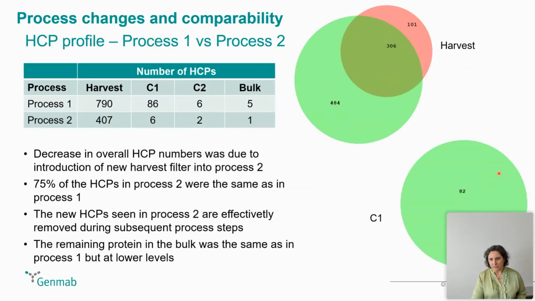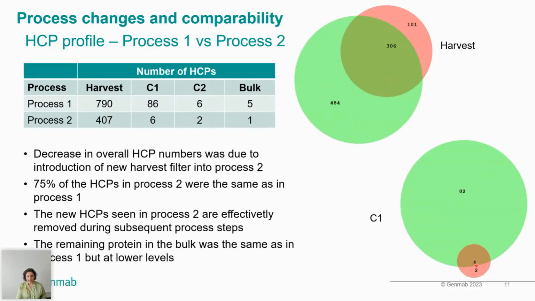When we look at the first chromatographic step, we had about 4 proteins that were the same, and 2 that were new ones that we didn't see in the first process. So in this comparability assessment, we could determine that we had a good reduction in process 2. It wasn't a worse process than process 1, and we only had 1 protein left in the DS bulk.